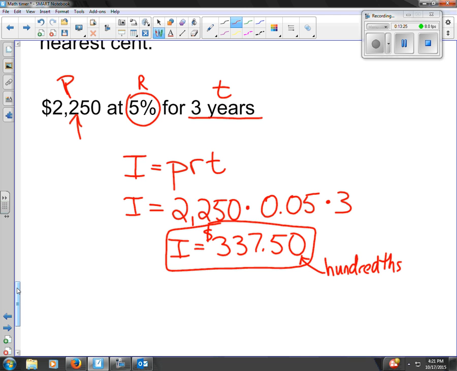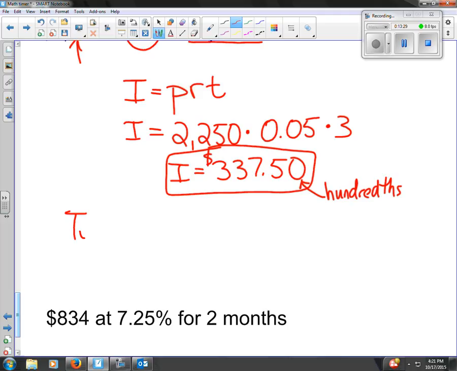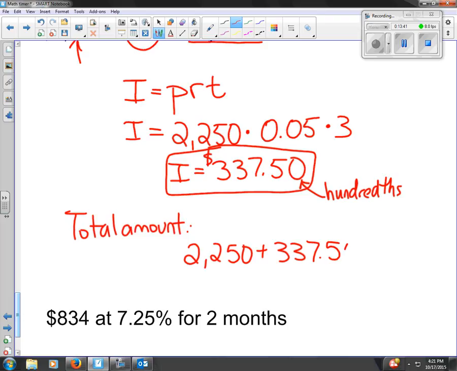Then we have to get the total amount. You need to add that to the original principal. So the 2,250 plus the 337.50. So here's this real world math that you're looking for. This is what happens when you get a loan.